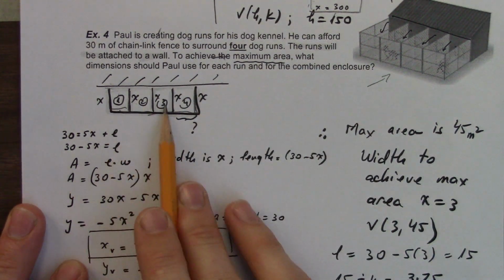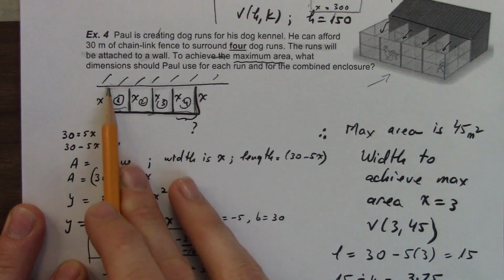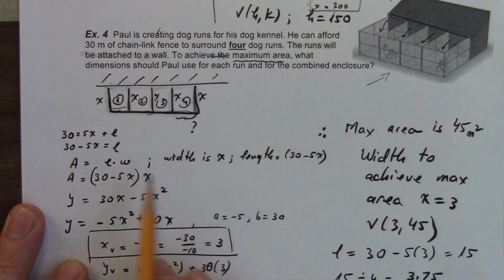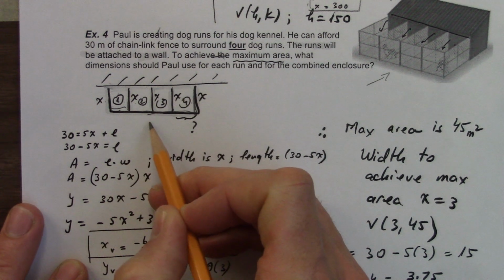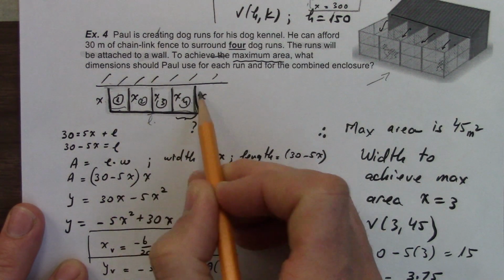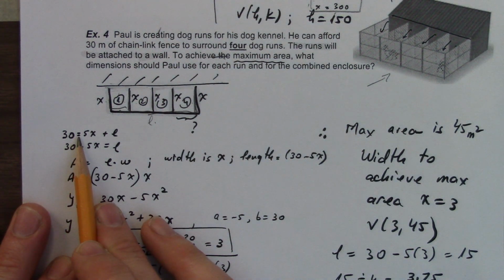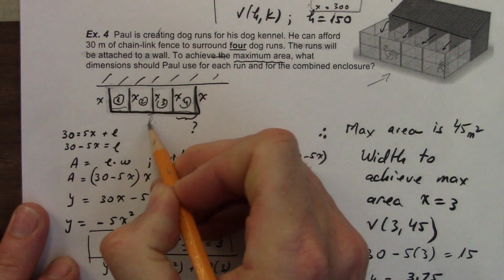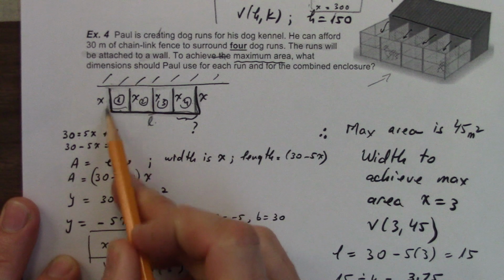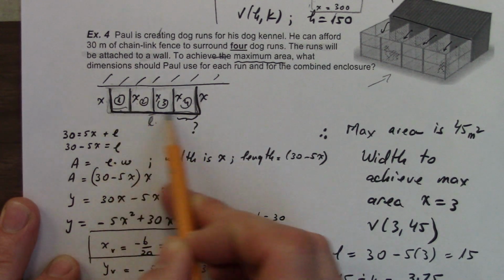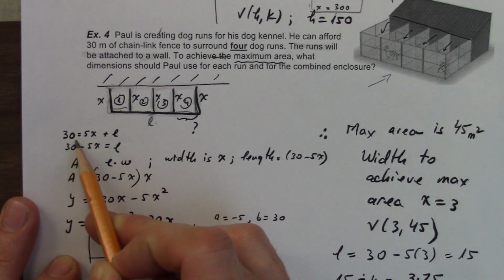So we have 4 spaces here. We know the width is x. We're letting that be x, and we're trying to determine the length. This length is an unknown. So we have 30 has to be 5 x's plus L. 30 is our total chain. So this, and this, plus this has to equal 30.